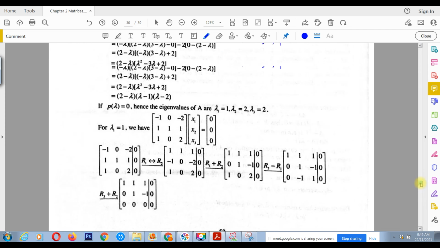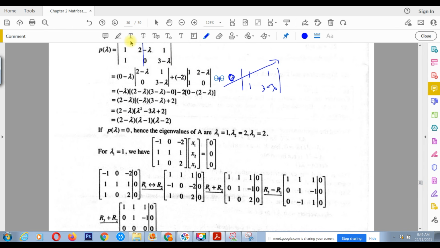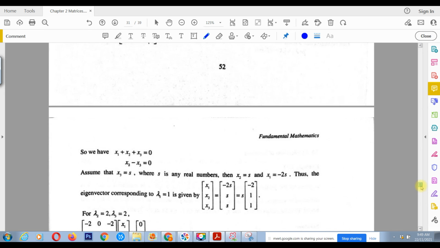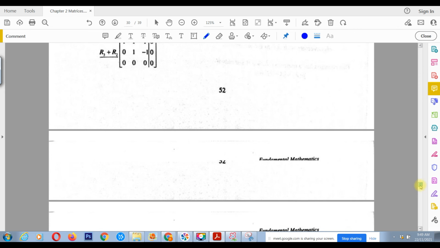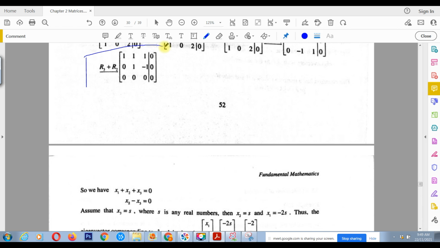So you put the value of lambda inside the first matrix, and then you get these matrices. Using Gauss-Jordan elimination, at the end you will get this kind of matrix.